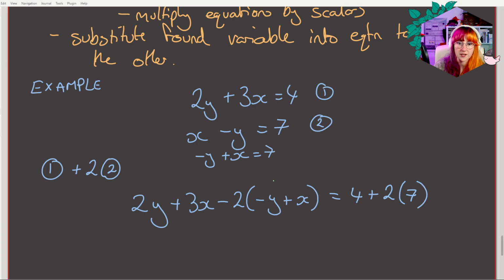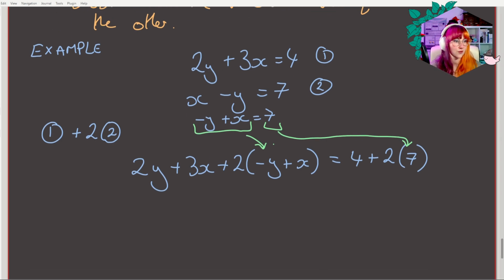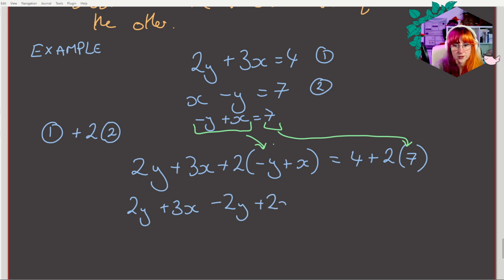Okay, so I've taken this bit and plonked it there, and that bit and plonked it there, multiplied, added both sides by 2, instantly in with the wrong sign there.